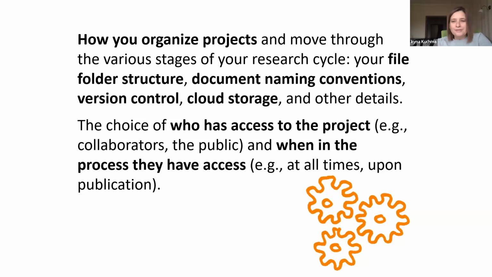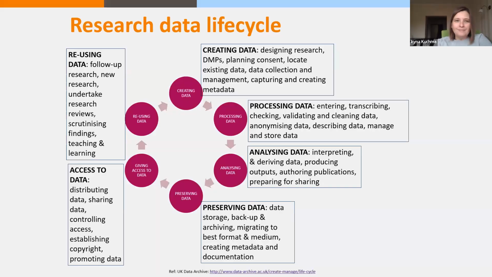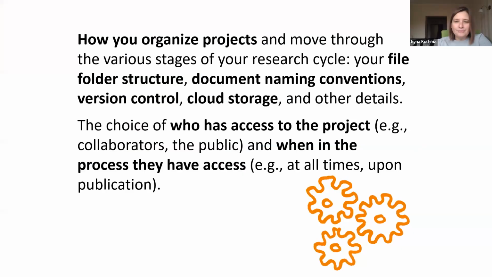When you start working on a project, then you really need to think how to organize your folder structure, how to name your documents, how to deal with different versions of your research, where to get cloud storage. We talked about this yesterday. Decide who has access to project materials and when, during the project, after the project, and all these questions are part of thinking about open science.